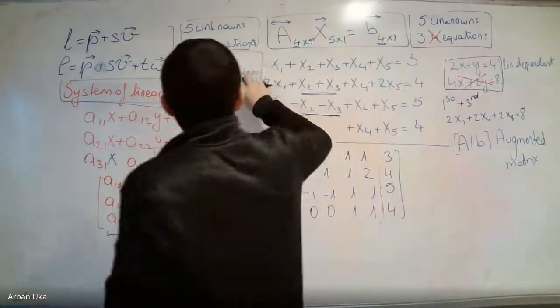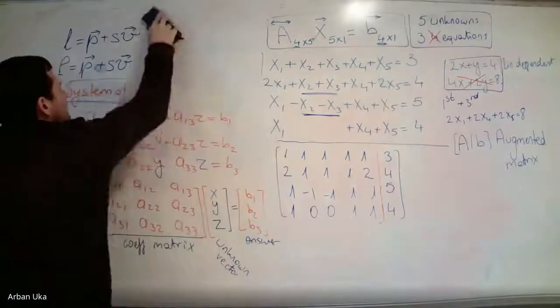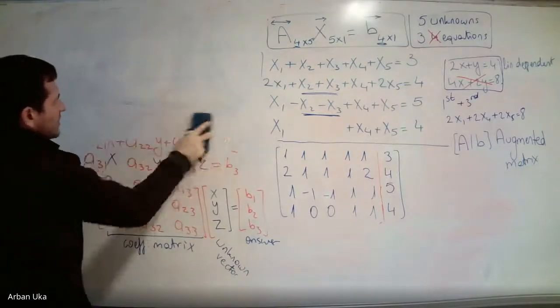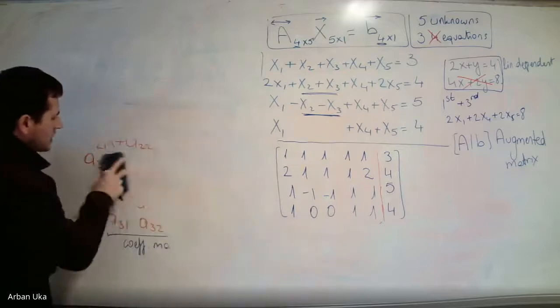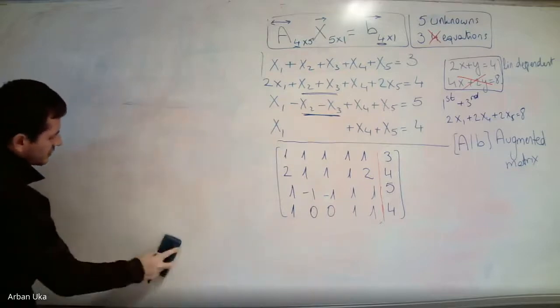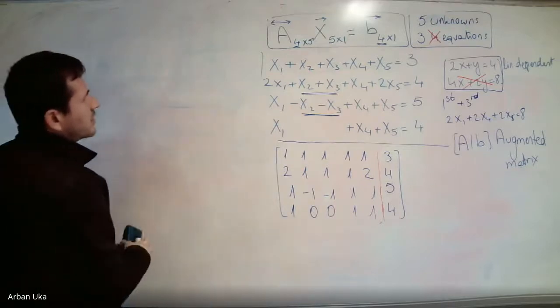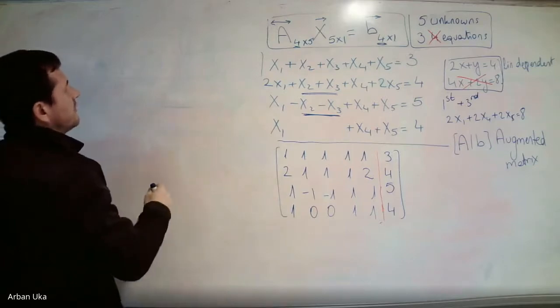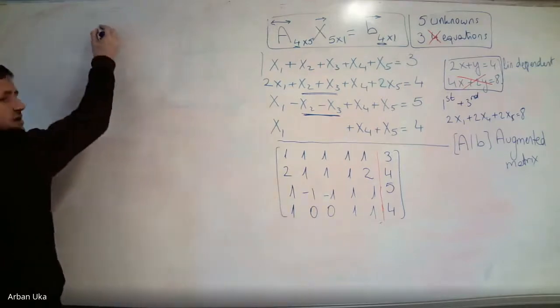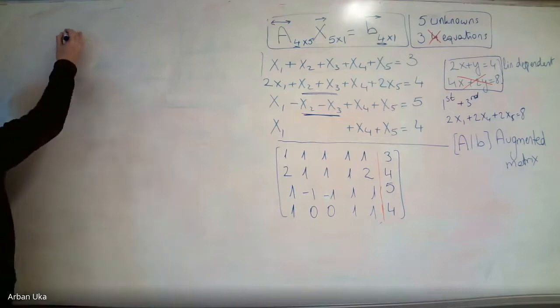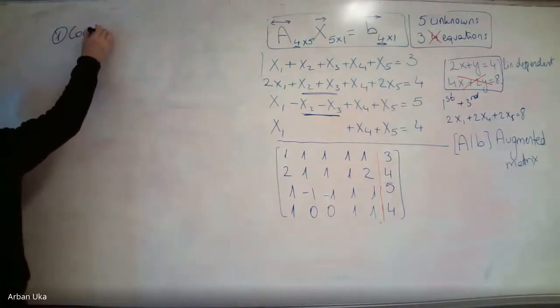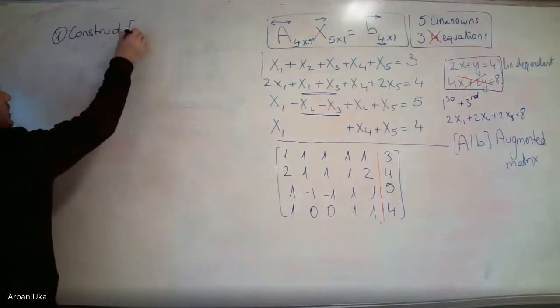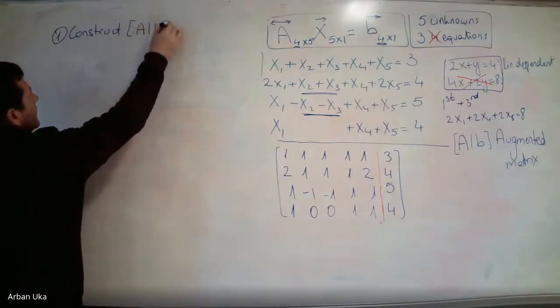Then we follow a series of steps that we need to carry out. So we'll try to write them down here on the board. The first step is that we construct, well, we don't need to write this one anyway, but we construct the augmented matrix AB.